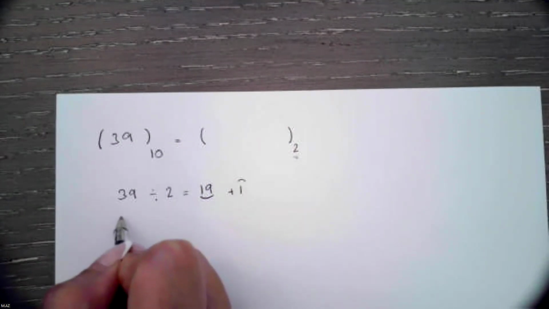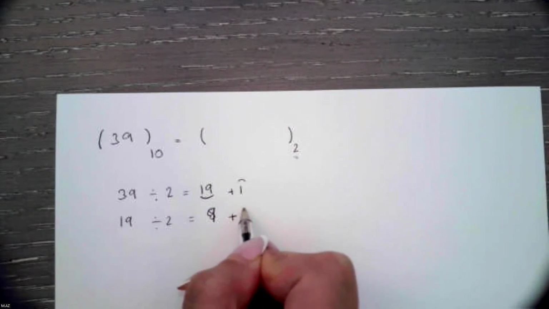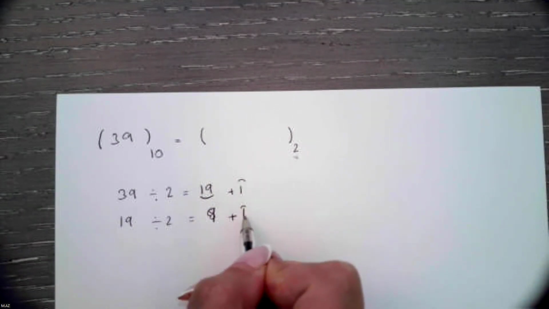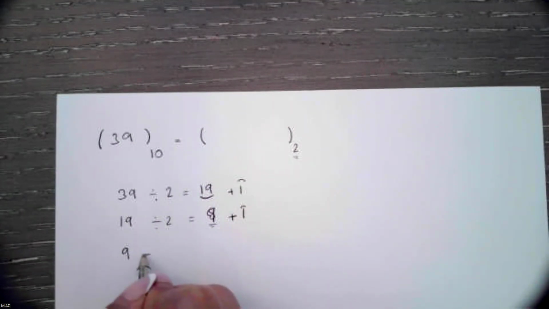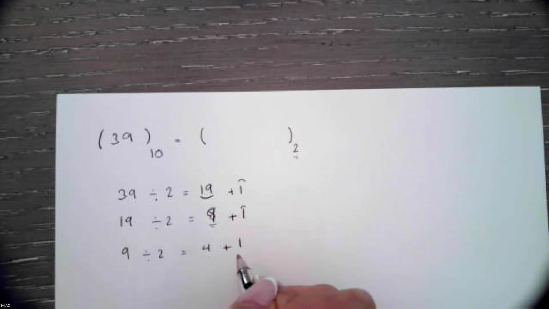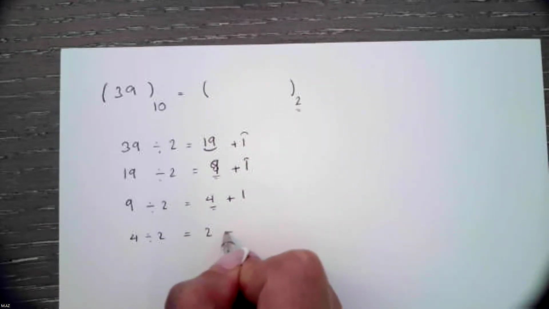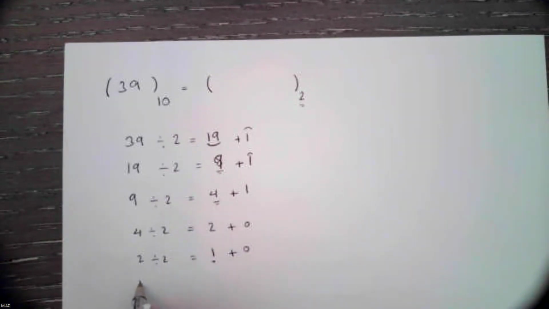We divide the quotient by 2. This becomes 9 plus 1. Again, this is the remainder for this division, and this is the quotient. 9 divided by 2 is 4 plus 1, and 4 divided by 2 becomes 2 plus 0, and 1 divided by 2 is 0 plus 1.